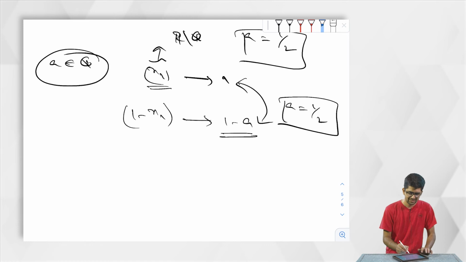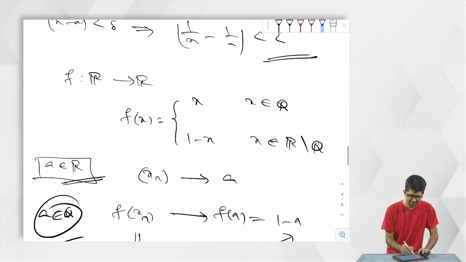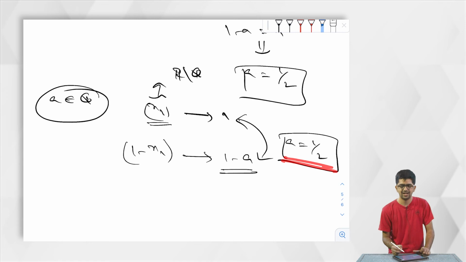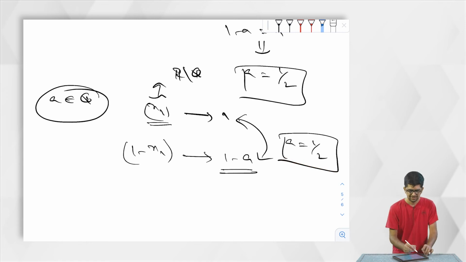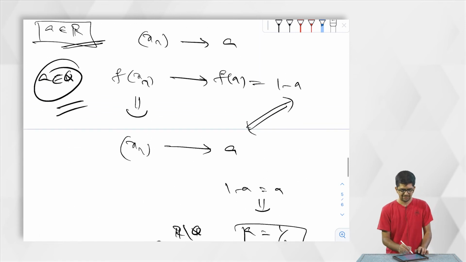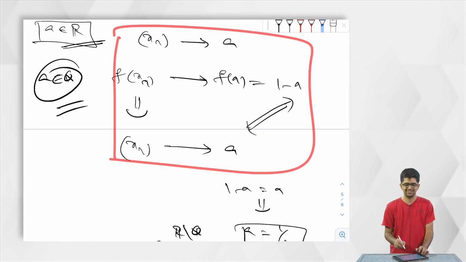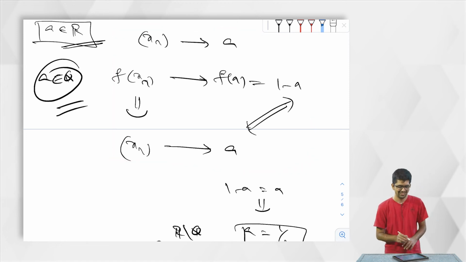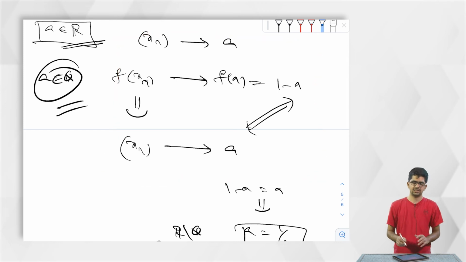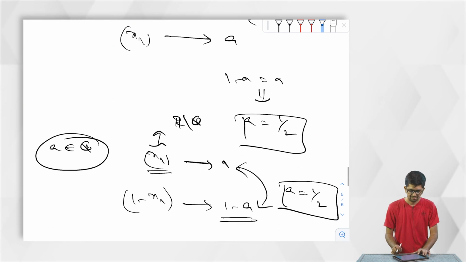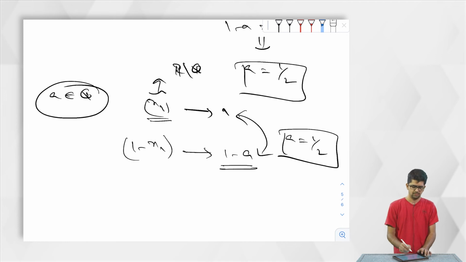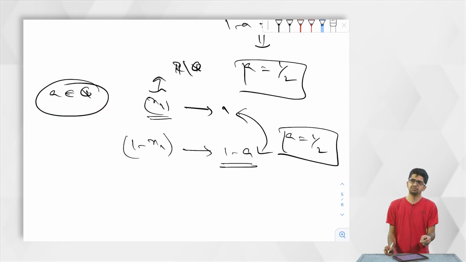So what does this say? This says this function f is continuous only at this point half. For irrational numbers, we have already seen that there is absolutely no way that f can be continuous at that point. For rational numbers, there are two possibilities.